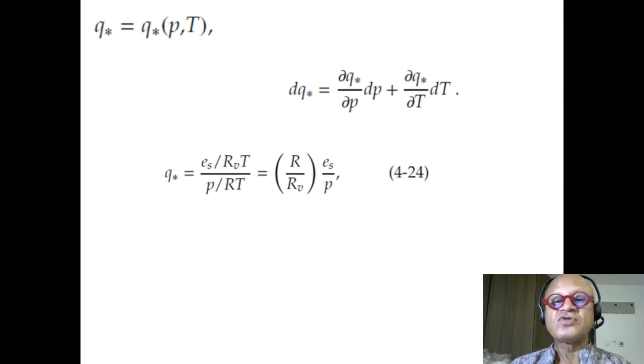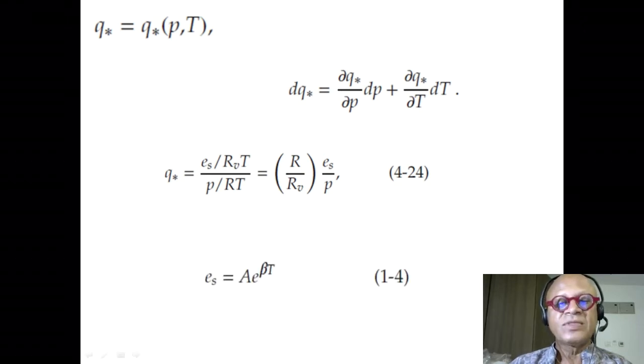So we already wrote this as R over Rv times es over p, and es, the saturation water vapor pressure, is a constant in pressure units times e to the beta T, where beta is a constant in 1/degrees, and T is temperature. This is the exponential dependence of humidity or water vapor pressure on temperature.